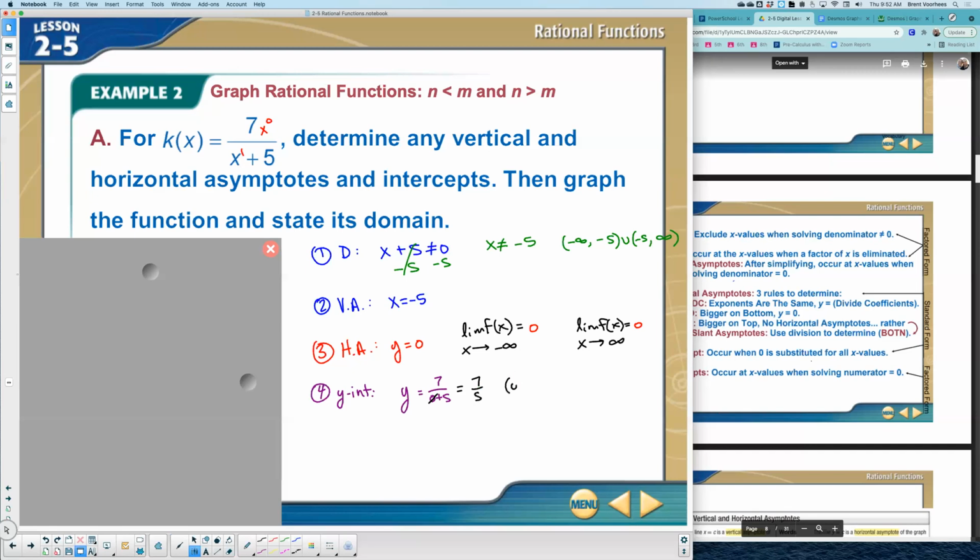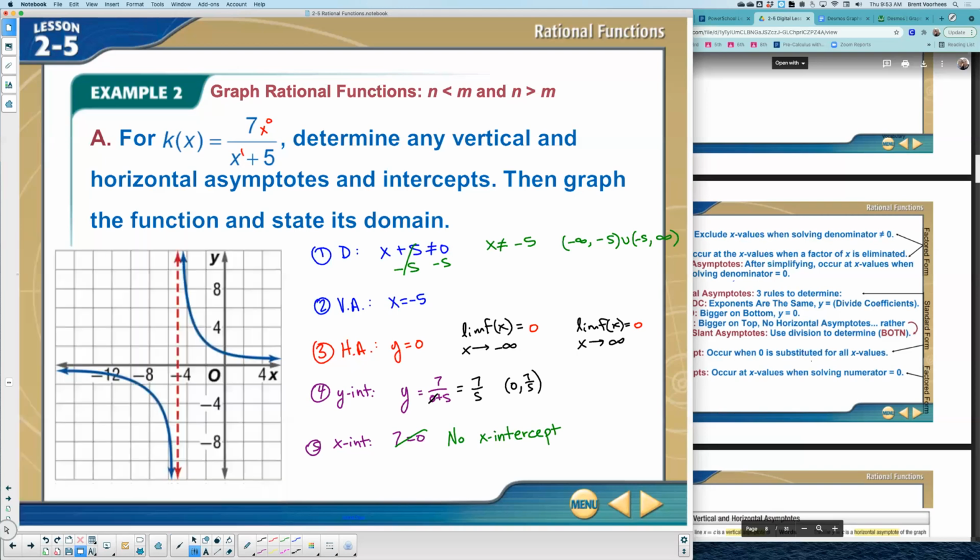So at 0, 7 over 5, which is the same thing as 1.4, we'll have a y-intercept. And finally, the x-intercept. How do you find an x-intercept? You would set the numerator equal to 0. Can 7 equal 0? Not possible. So there's no x-intercept. Let's try that again. No x-intercept because 7 cannot equal 0.